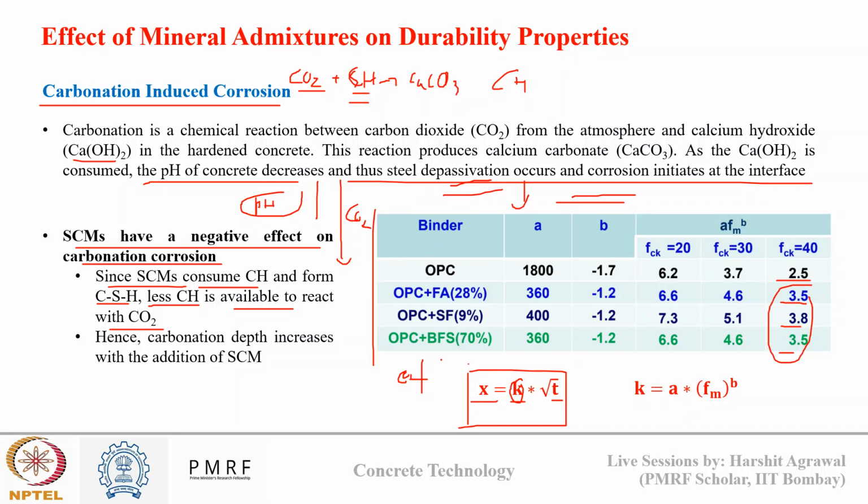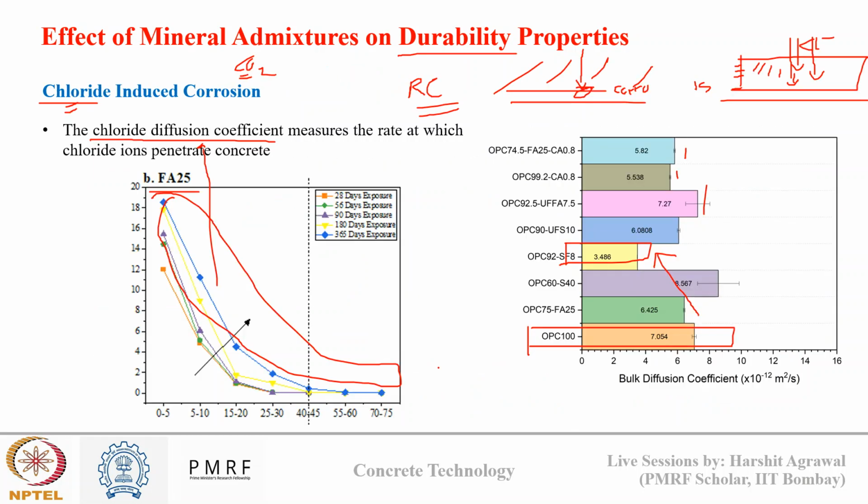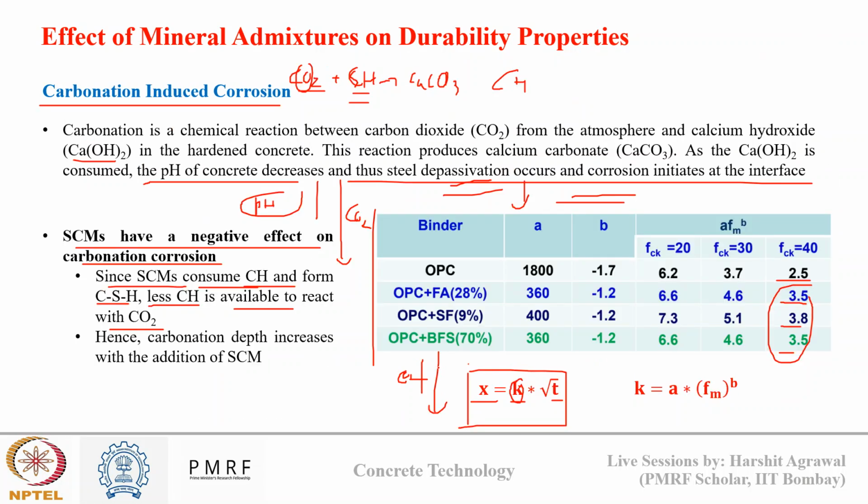This shows that since CH is consumed, there is nothing to block CO2, so it is reaching a greater depth. So they increase the rate of carbonation when SCMs are added. In terms of chloride corrosion, SCMs have a positive effect. However, in terms of carbonation induced corrosion, SCMs can have a negative effect.